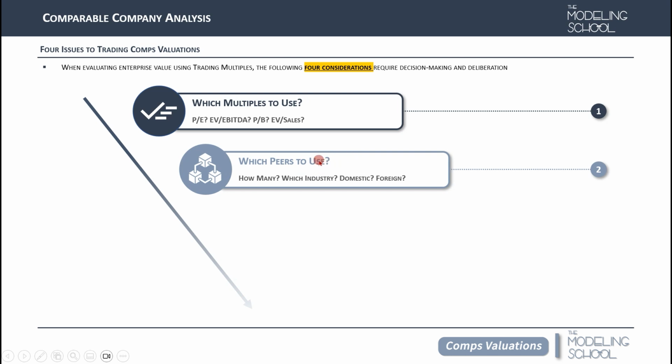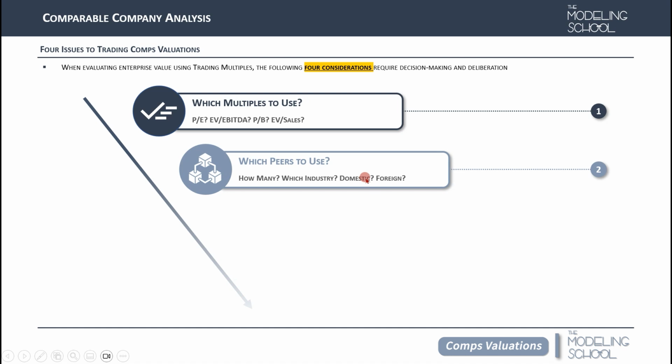There's no right answer, but personally, I think that to ensure a reliable average, we need at least 3. So 2 is not sufficient. We need at least 3 companies to make an average. But on the other hand, it's very uncommon to find 20 or 30 comparable companies for a single company.